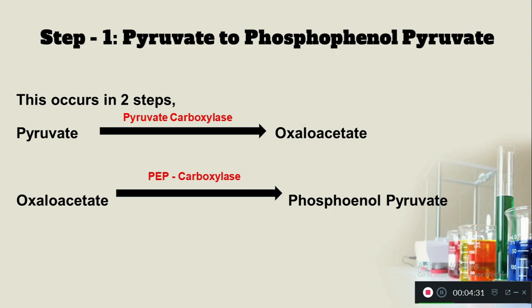The oxaloacetate thus formed will be converted into phosphoenolpyruvate with the help of the enzyme phosphoenolpyruvate carboxykinase. So this is happening in the step 1.